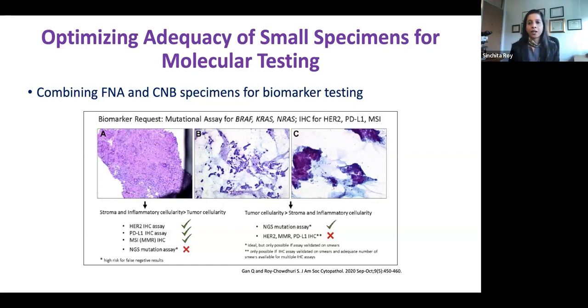We can do the things that they requested, PD-L1, HER2, MSI testing, because we are able to identify the tumor cells in there. However, if I'm going to do mutational analysis of this specimen, there's a chance that all of the wild-type DNA from these normal cells will drown out the tumor DNA that I get from the tumor cells, right? So you run the risk of a false negative result.